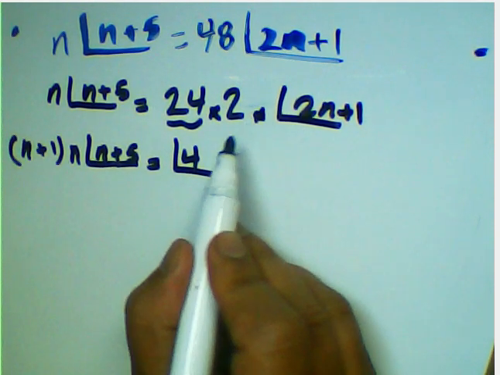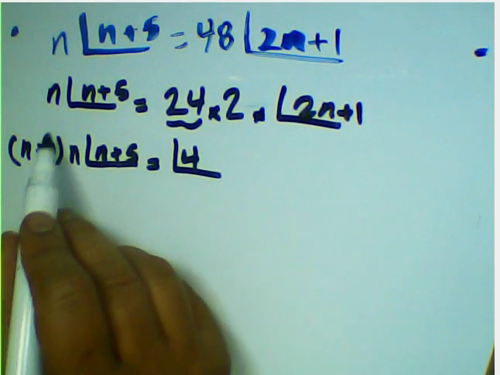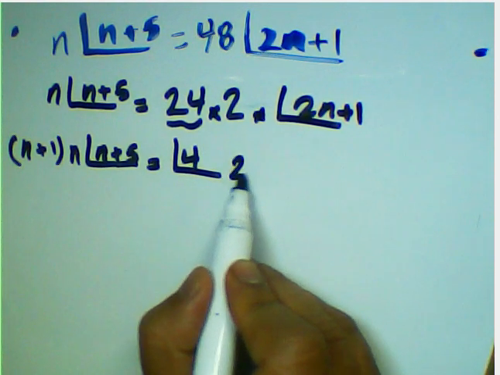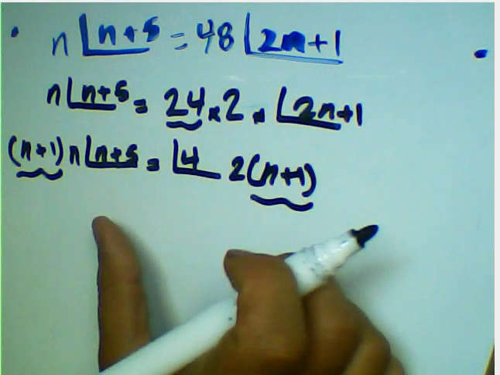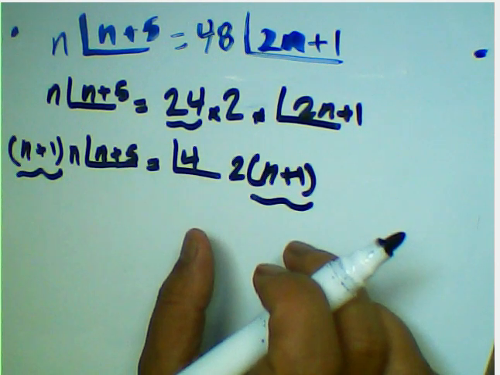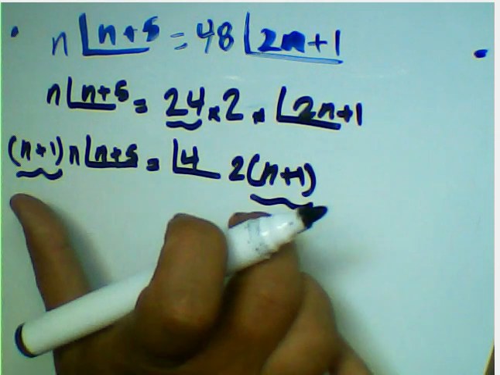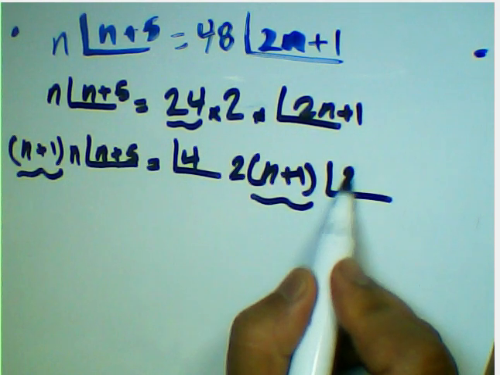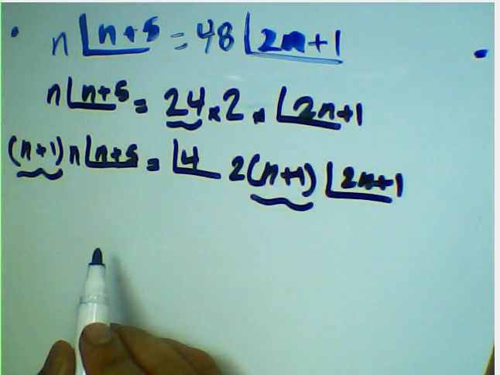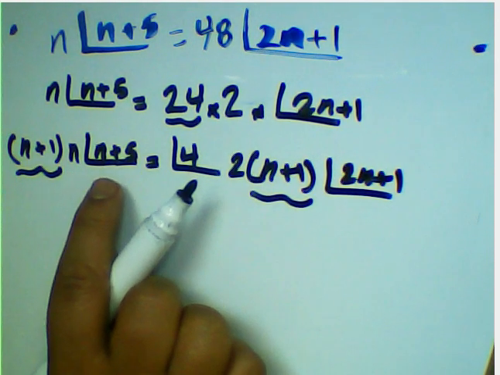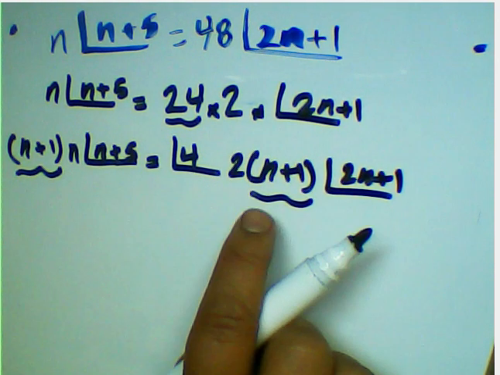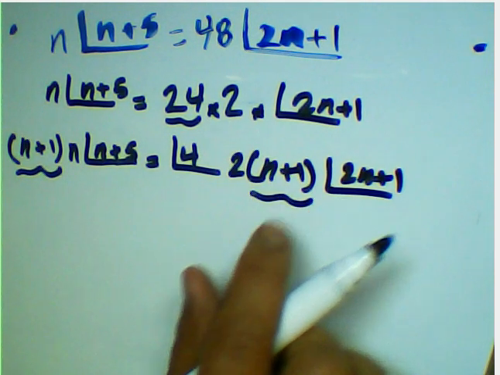And 2 here multiplication by n plus 1. Okay, I find the unknown here by multiplication by n plus 1 left hand side, right hand side, and I will write here 2n plus 1. Okay, n plus 1 and n and factorial n plus 5. And we have here, it will be 2n plus 2.